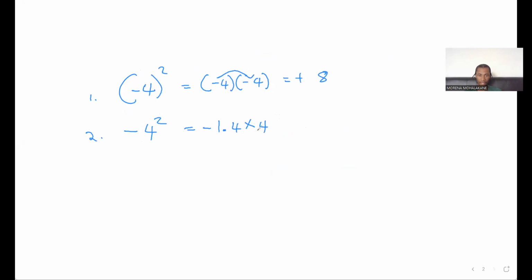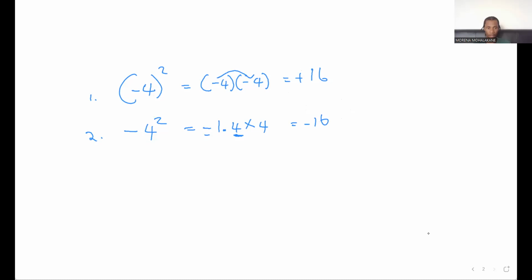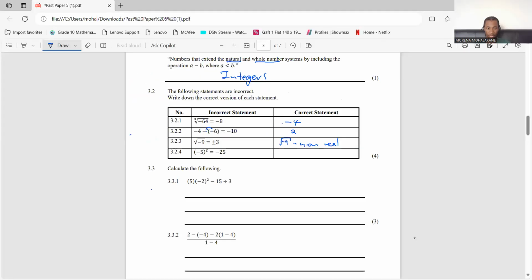Here it's negative 1 times 4, which gives you negative 4 times 4, which is negative 16. Make sure you pay careful attention to those things. So getting to the question here, it means that here I'm going to have a positive 25, not a negative 25.